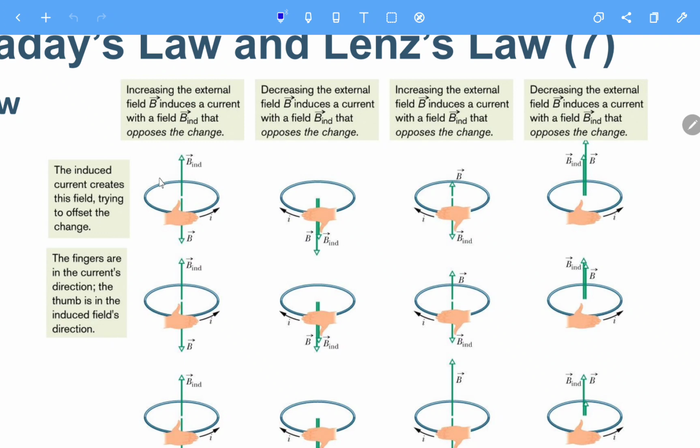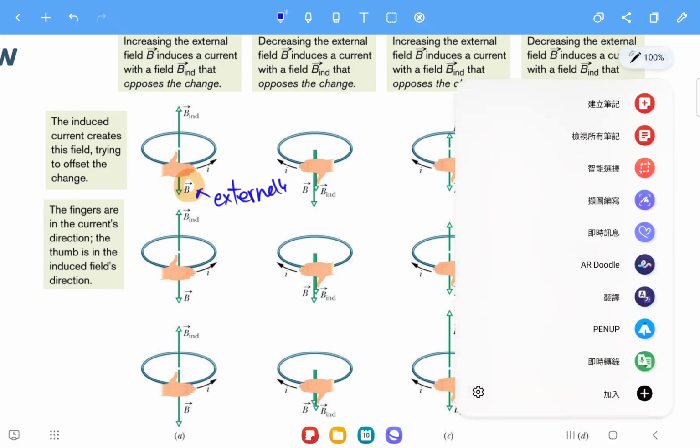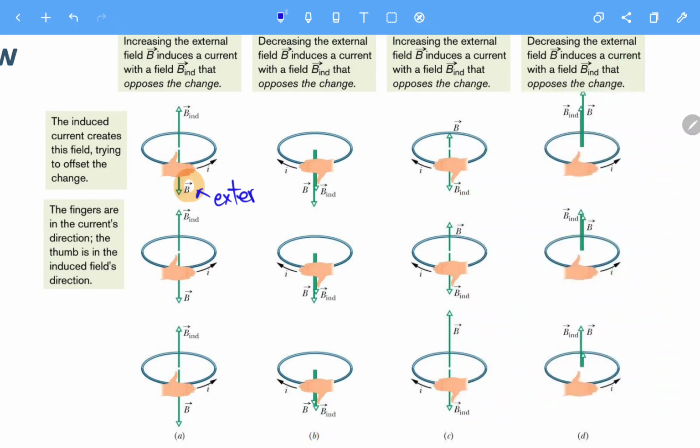Here is the loop, and here we have the B induced, but just ignore it first. We have the B field pointing downward. All the way through these 12 figures, this B means the external B field, which is generated externally.